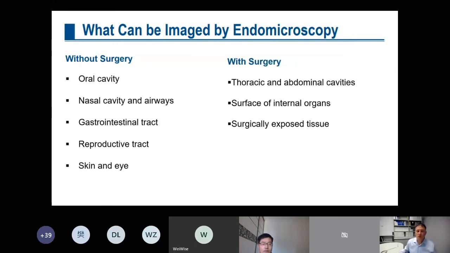It's also possible to use endomicroscopes during open or minimal invasive surgery in humans or animals. This enables imaging in the thoracic and abdominal cavities, and also the walls of internal organs such as the gut, the liver, and the kidneys. The surface of the brain, surgical wounds, and tissue removed during surgery can also be imaged to enable rapid analysis of the tissue.